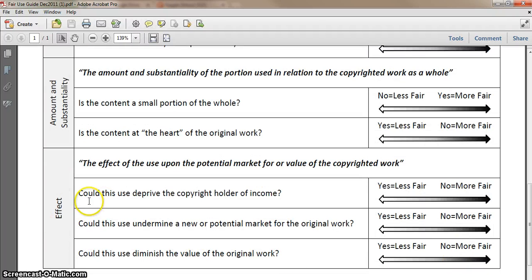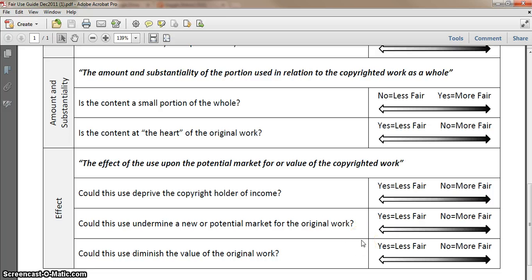And then the effect. Could this use deprive the copyright holder from future income? If the answer is no, again, that's more fair. If it's a potential, then you'd have to circle yes, and that would be less fair to use. Could this use undermine a new or potential market for the original work? Yes on less fair, no on more fair.